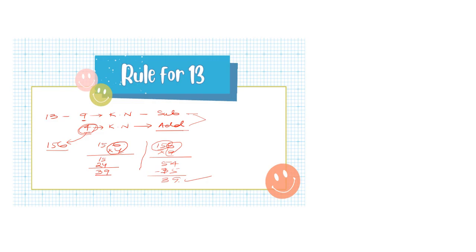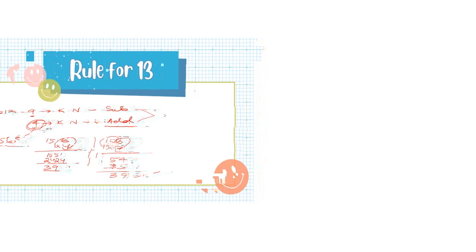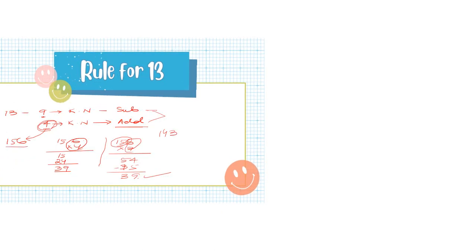I'll take one more example. Then you'll try for the next. Okay, small number I'm taking. Suppose it is 143. Now tell me, 143. What I told you, 4 is the key number, it is to be added. 9 is the key number, it is to be multiplied and to be subtracted.